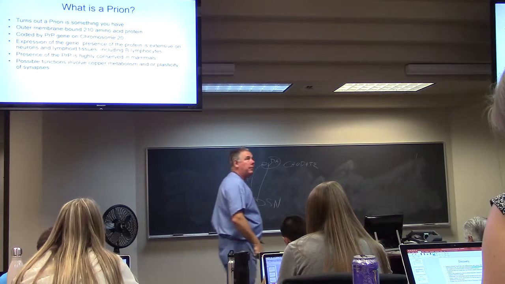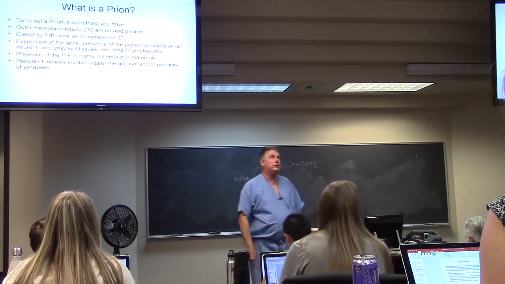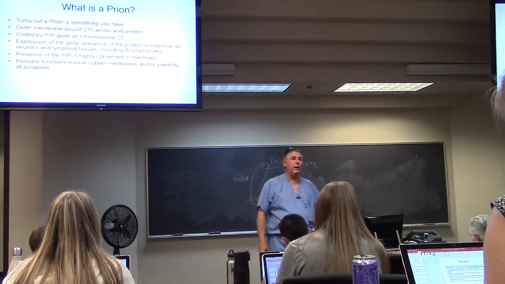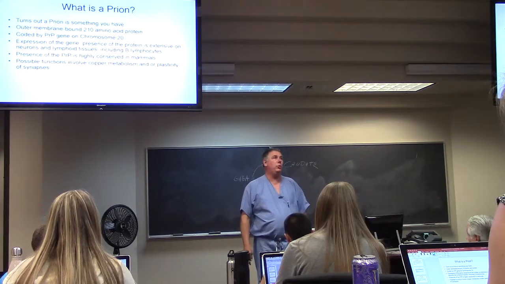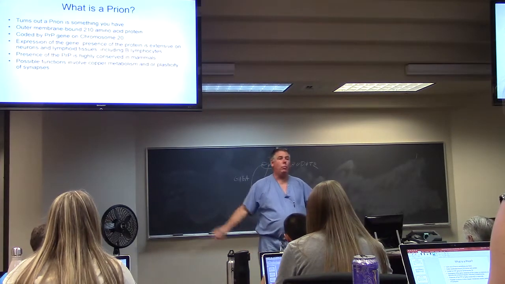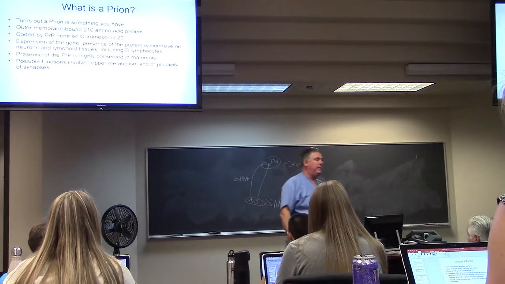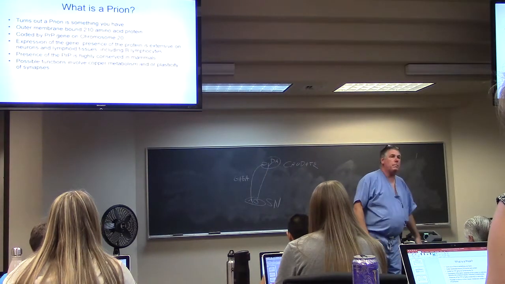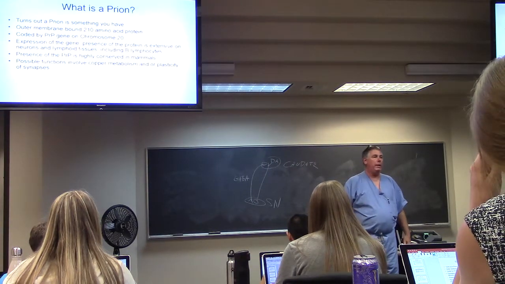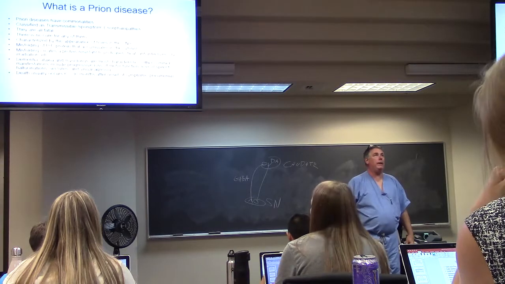So here's a little bit about the prion. It's conserved, it's in a lot of mammals. The protein itself is one that you normally make. It has some role in copper metabolism, they think. Not sure exactly what, but it's present in just about everything.